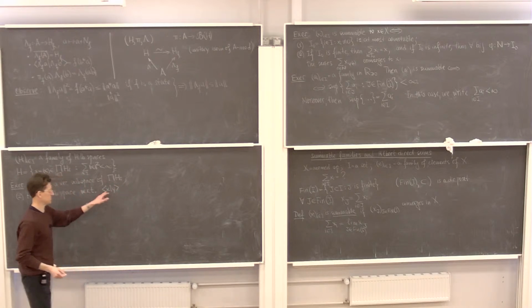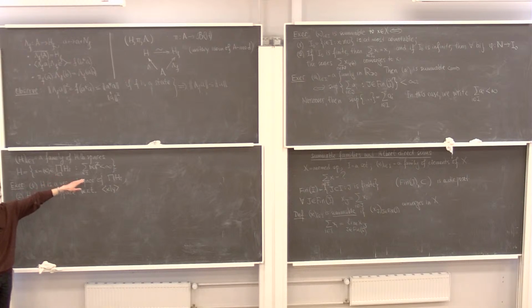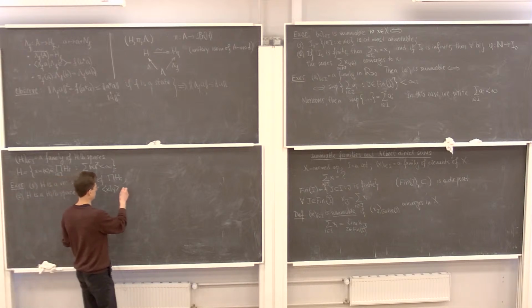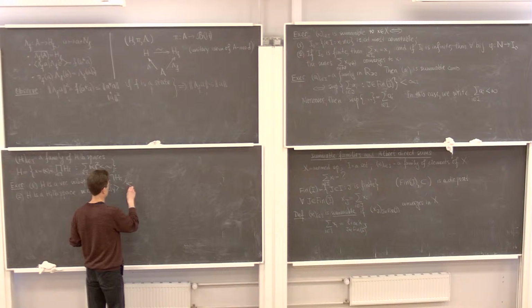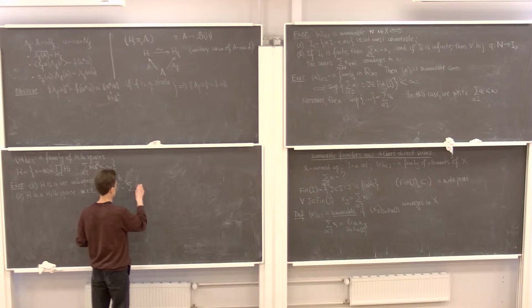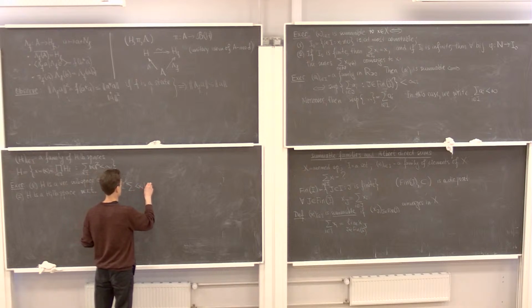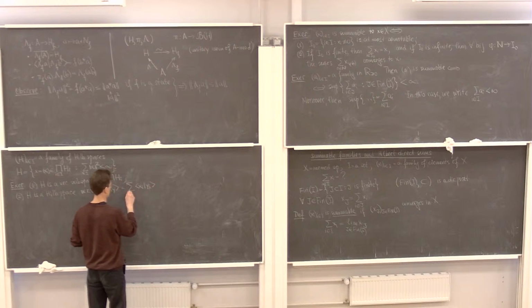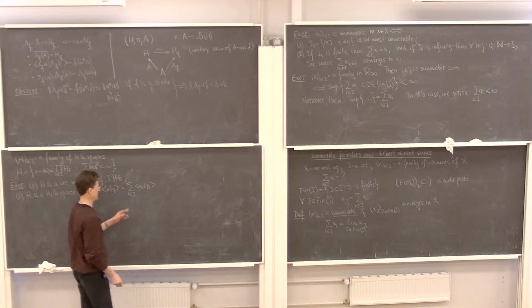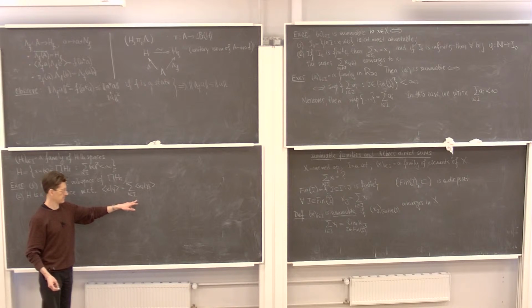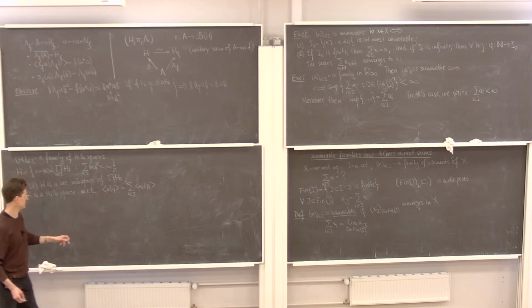If you have two such square summable families in the product, then we define their inner product to be the following sum: the sum of the inner products of x_i and y_i. I claim that this family is summable, and its sum determines an inner product on this space, and it is complete.